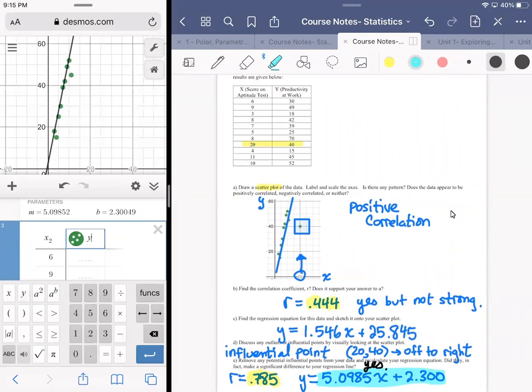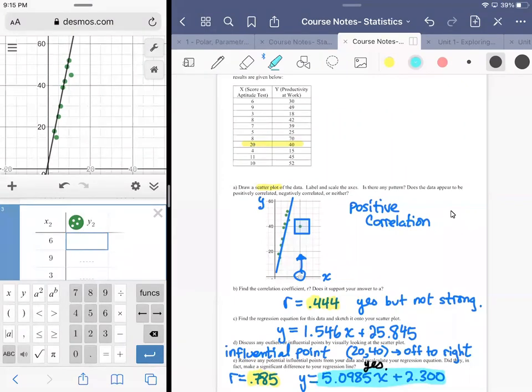Let's leave that as Y2. I have a better idea. I'm going to really let Desmos do all the work for us. All right. So we'll put in our Y values, the original Y values, the 30, the 49, and so on. I'm going to retype that. There's other ways to do this, but I think this is the way that's going to lead to the least amount of confusion. A little more typing to amount to a little less confusion. How about that?